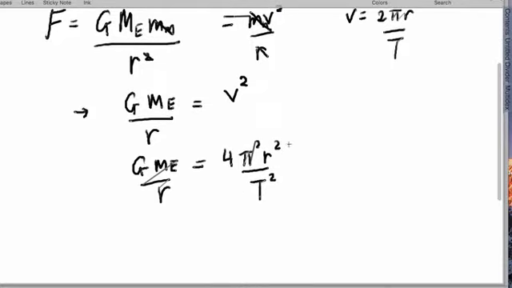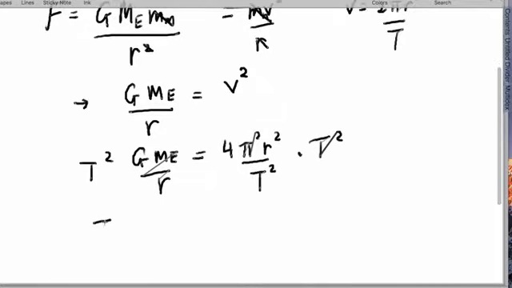Let me bring the t to the other side. And so what this is going to give me is that t squared times G, mass of the Earth, over r equals 4 pi squared r squared.